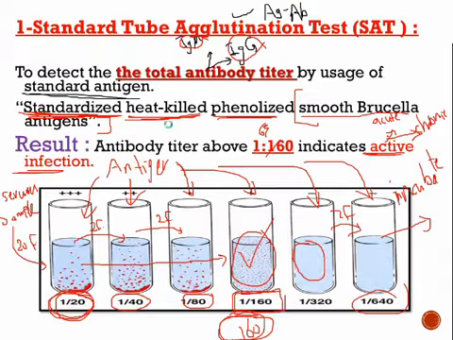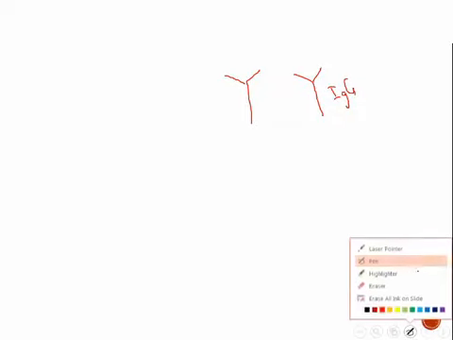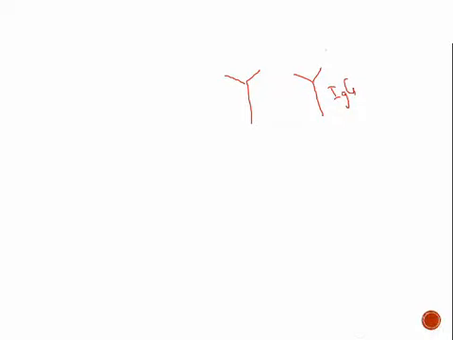But before explaining this test, I need to clarify something for you. So this is what happens in the blocking phenomenon. Now you have the IgG antibodies, and they bind to the Brucella antigen.